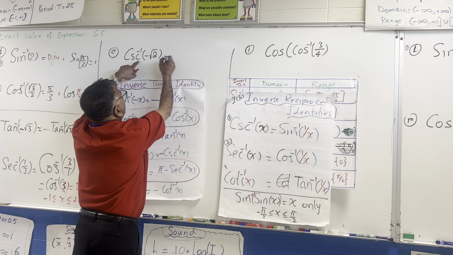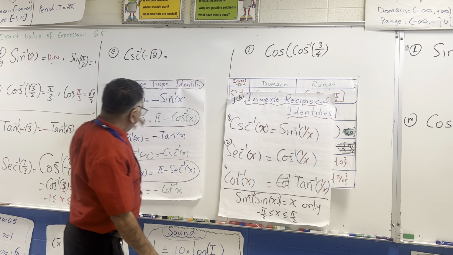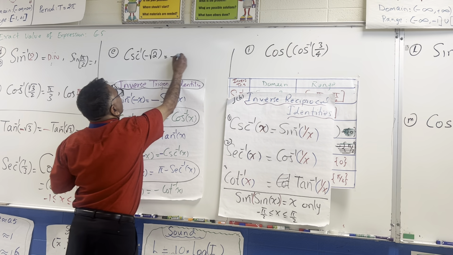Cosecant inverse of minus root 2, first of all, there is a minus, right? So if it is minus, then you can easily pull it out. Then use the reciprocal identity for cosecant inverse.